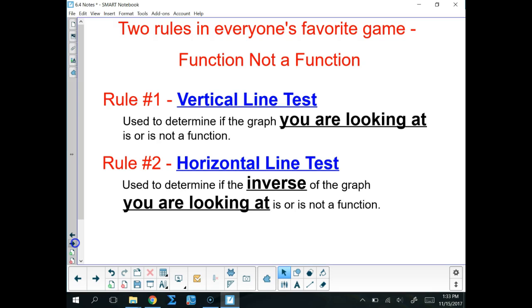So vertical tells me what I'm looking at. Horizontal tells me if its inverse is a function or not.